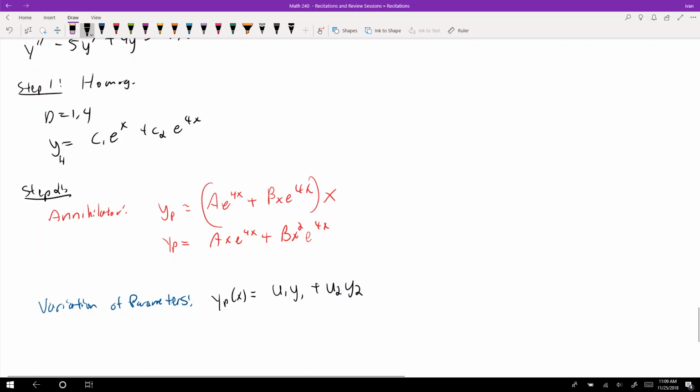And what are y1 and y2? Well, y1 and y2 are the parts of the homogeneous solution that we found. So we can call that guy y1, and we can call e to the 4x y2. So that's going to be u1, that's going to be y1 and y2. And so essentially, instead of taking product rules and taking the derivatives of yp, we're actually concerned about finding what u1 and u2 are.